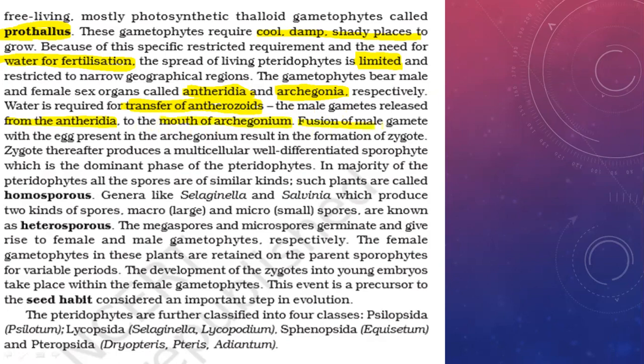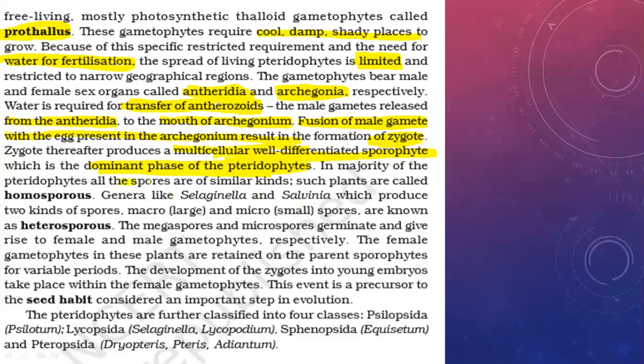Then fusion of the male gamete with the egg present in the archegonium results in the formation of zygote. Zygote then produces a multicellular, well-differentiated sporophyte, which is the dominant phase.